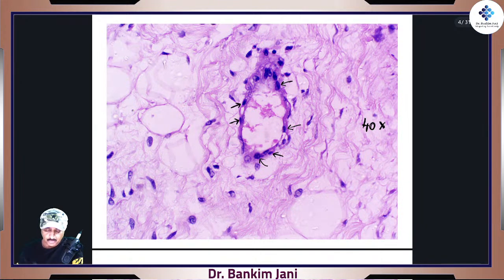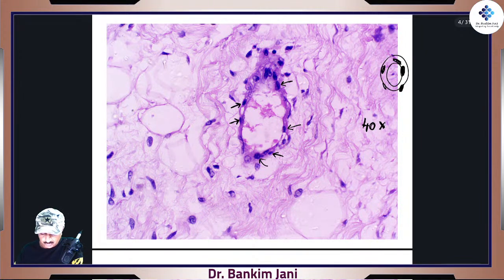Or maybe two or three nuclei are clubbed or crowded together, like in this region. But mainly all the nuclei are quite flat, because this wall is rounded. So they are flat. This is an arteriole.